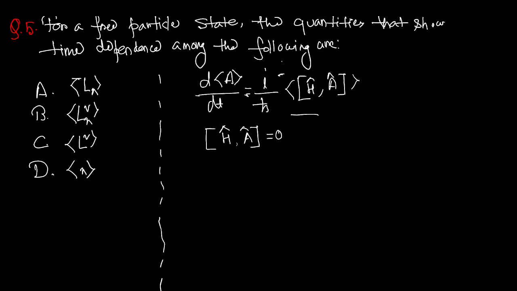For exciting a molecule, we shall provide some energy, which will act as a perturbation of the system. Now the perturbative part should not commute. If it commutes with the Hamiltonian, then this value goes to zero, and there should not be any excitation in the molecule. So for a state to show time dependency, this value should not be zero.